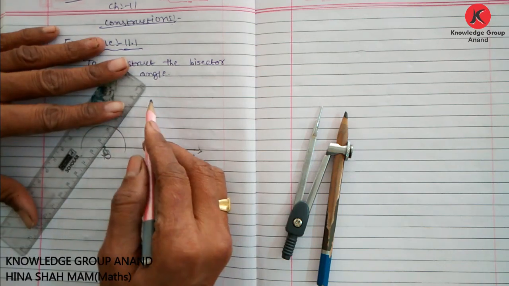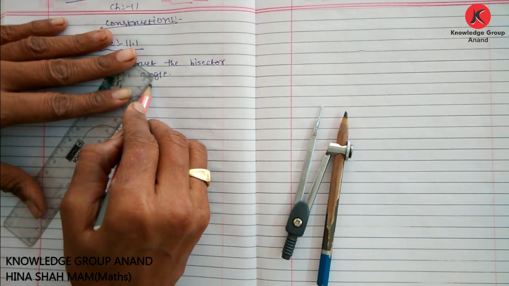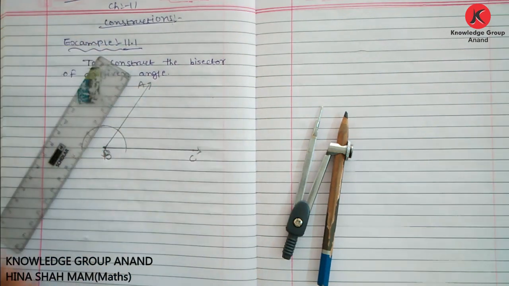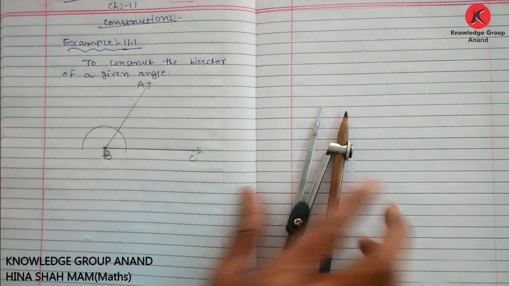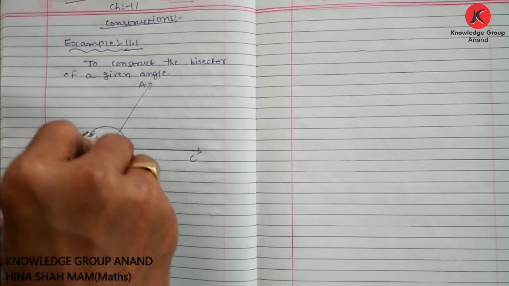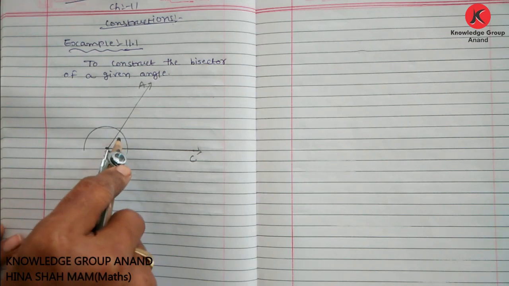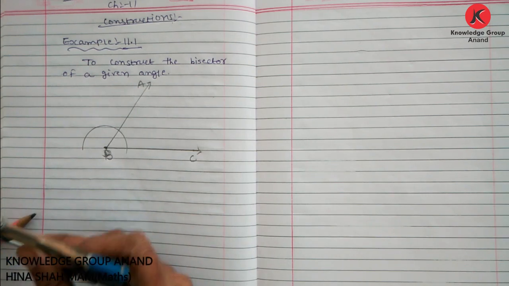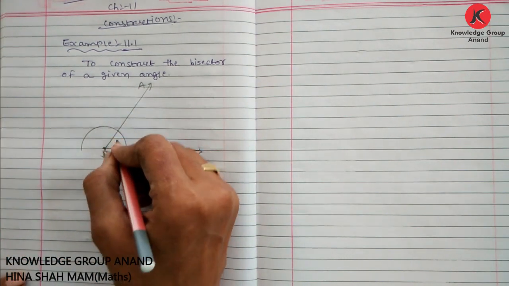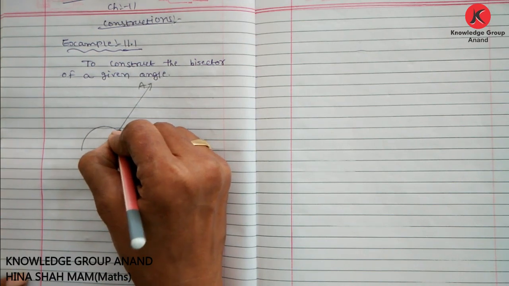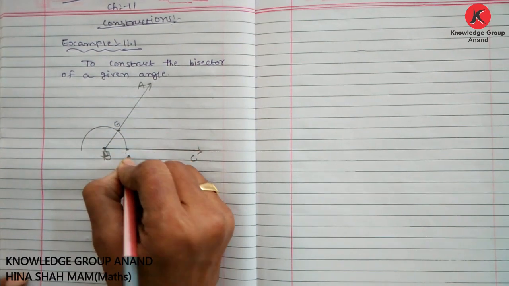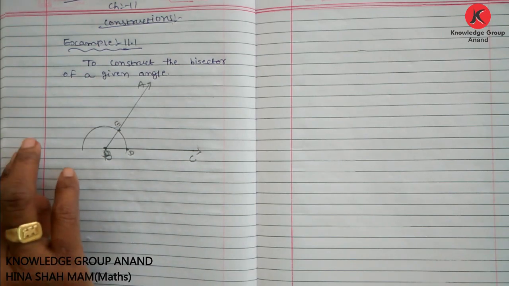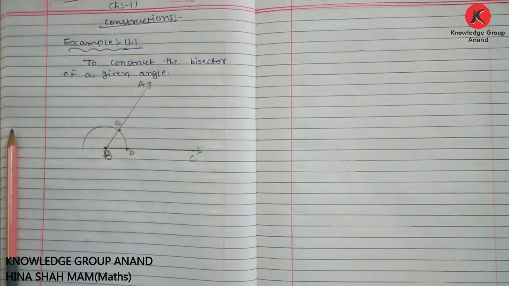First we draw, suppose, the given angle, here angle A. Then taking B as center and any radius, we draw an arc which intersects ray BA at E and BC at D. Give this labeling E and D respectively.